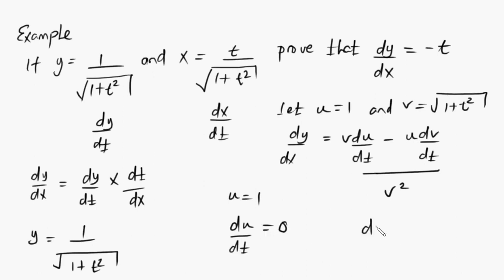What about dv/dt? So I have v equals the square root of 1 plus t squared. This is a composite function. In order to get the differential coefficient of v with respect to t, I'm going to use the chain rule.